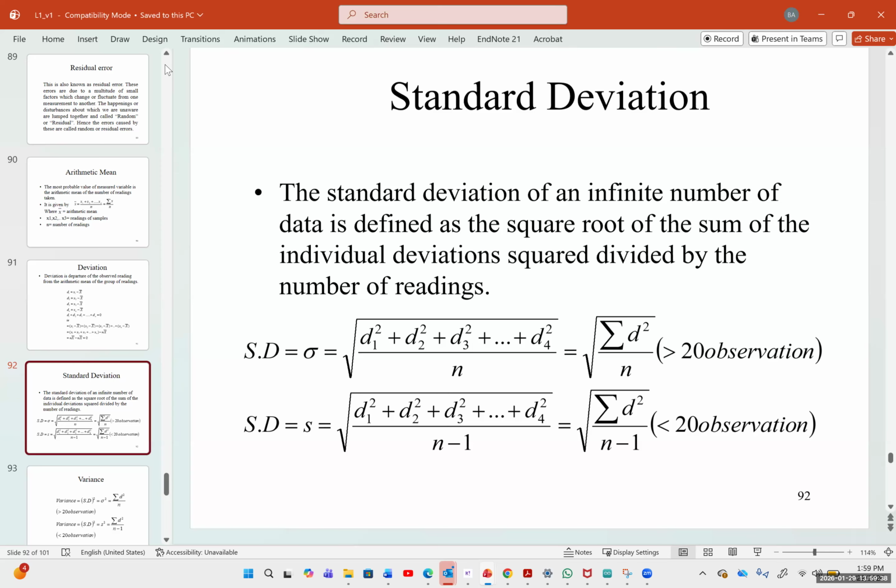If they are 20 or less, it's going to be the square root of sigma d square over n minus 1. Please write this down because I'm going to give you a practice problem on this now.